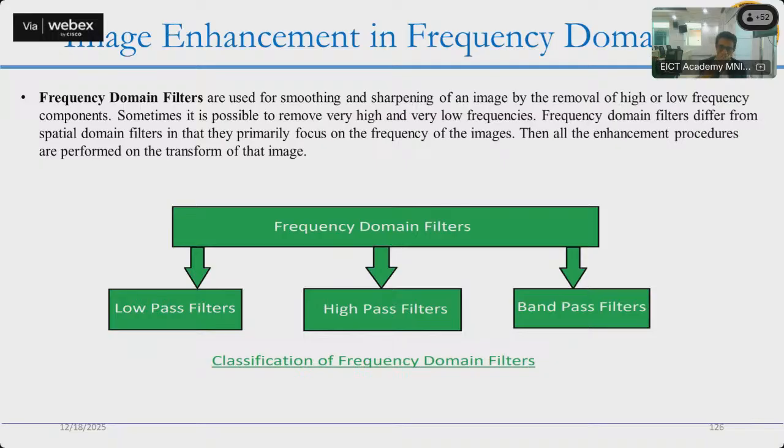That is fine, but what do you mean by a high frequency signal?